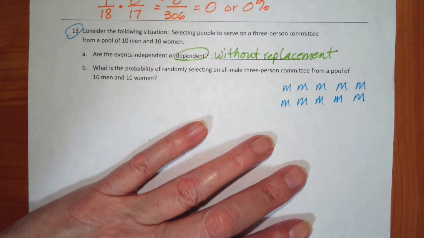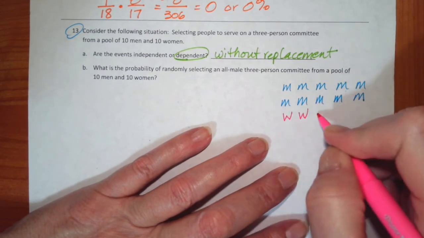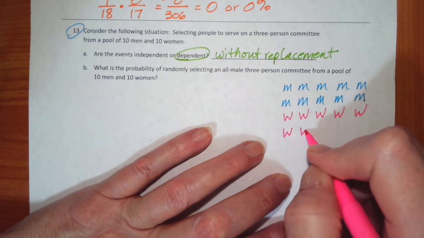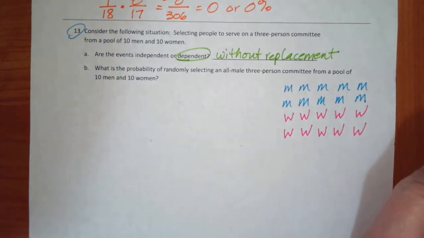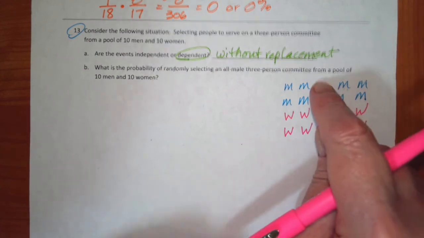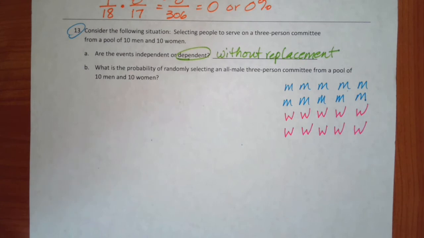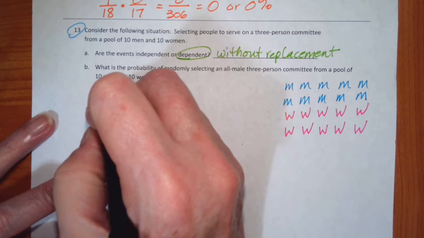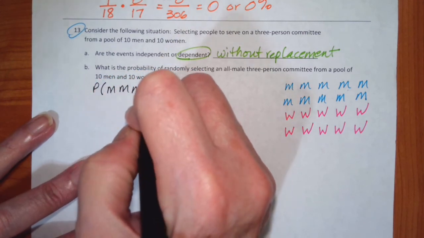And I have 10 women. So we want to find the probability of male, male, male.